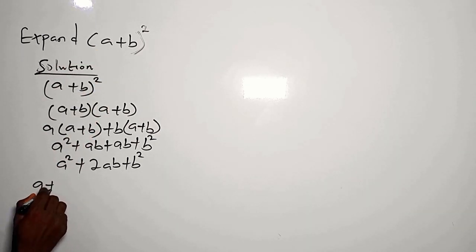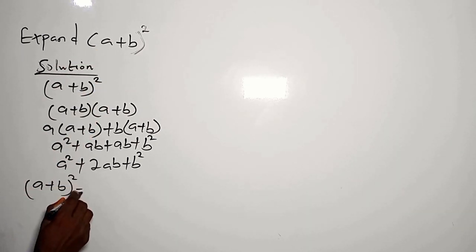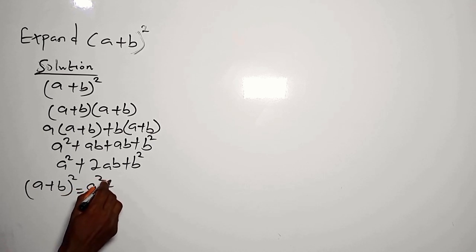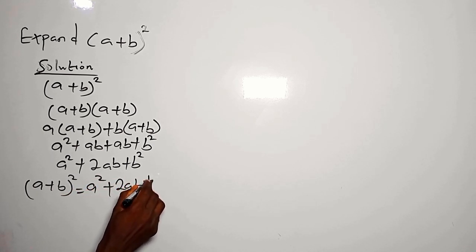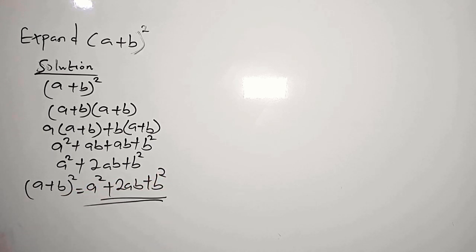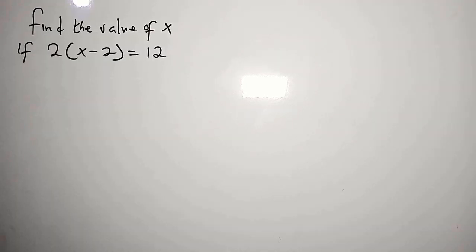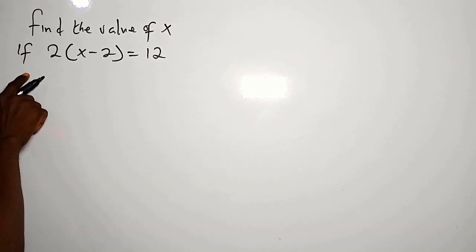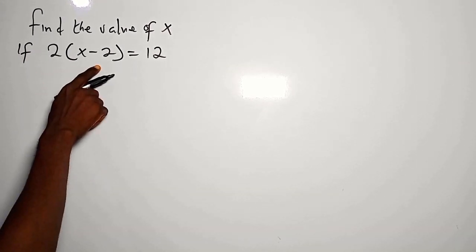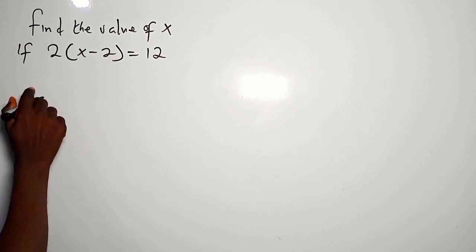Therefore, the expansion of (a plus b) squared equals a squared plus 2ab plus b squared. Thank you very much. The question says find the value of x if 2 into (x minus 2) equals 12. What's the value of x? Solution.